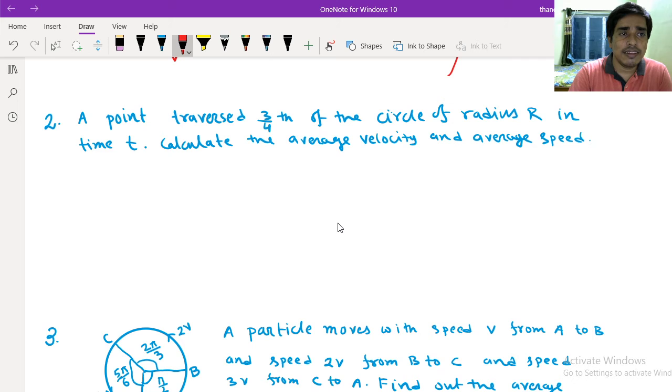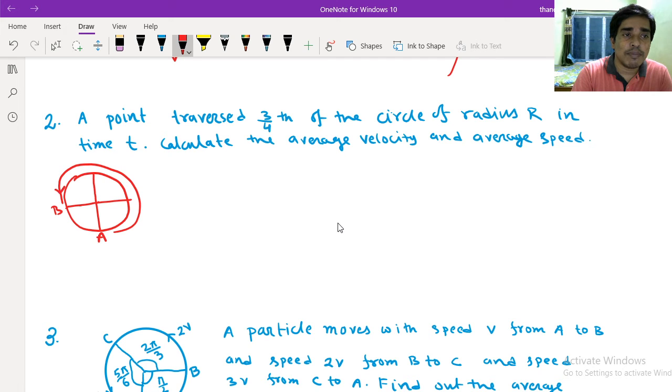So this is the circular path, 3/4, suppose it goes this way from A to B. In this circular case, the particle reaches point B from point A. So this is the 3/4. You have to calculate average speed and average velocity.